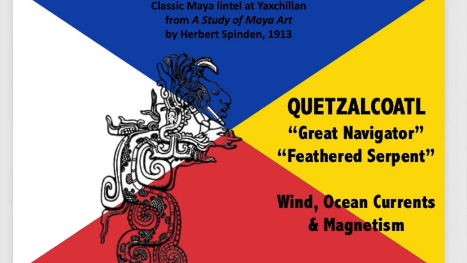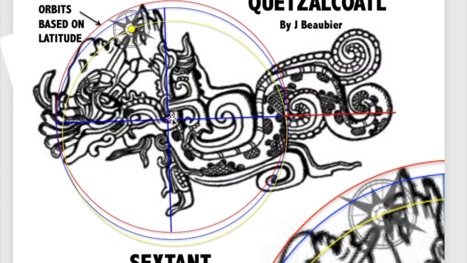And so I know that this is a newer picture of him, but this whole snake and serpent, feathered serpent, is all about wind and ocean currents and magnetism to me, which are all holographic and echo each other and all follow this vorticity pattern. So to me that makes sense, and I think that this image of Quetzalcoatl can be used as a sextant.